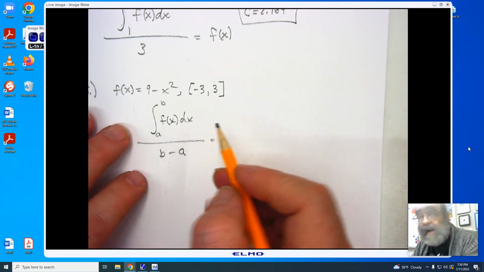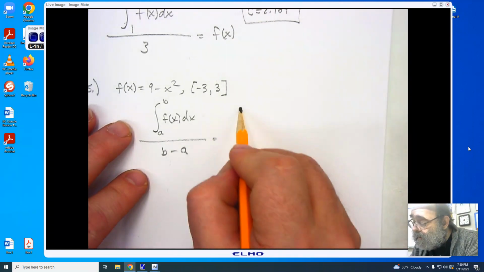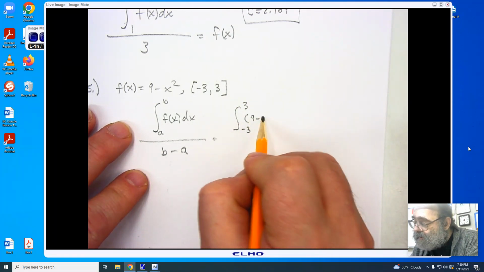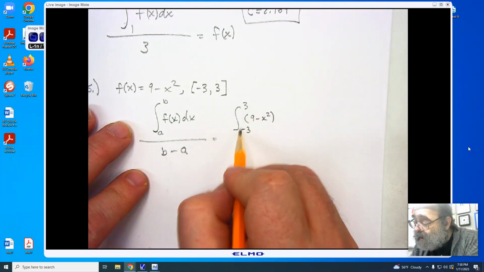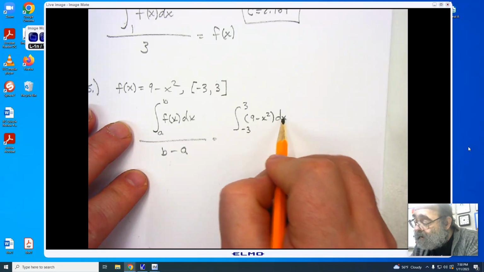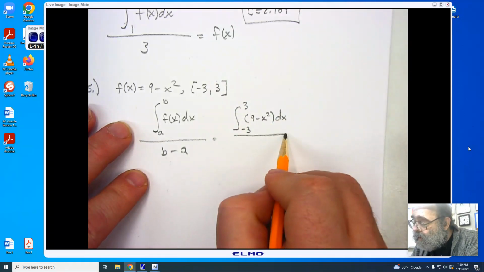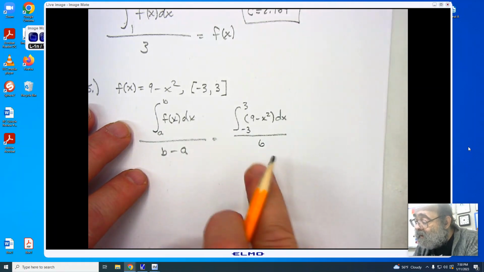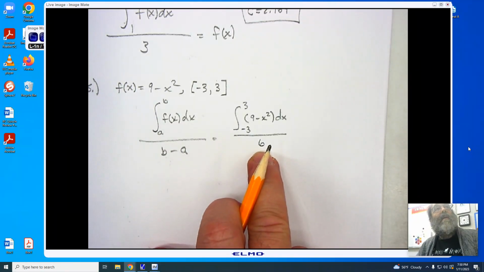So let's go ahead and put that in, and then we'll evaluate it. We have -3 to 3 of 9 minus x squared, and I could always go 0 to 3 and double it. It is an even function after all. And 3 minus -3 gives me 6. This is what I'm going to locate.